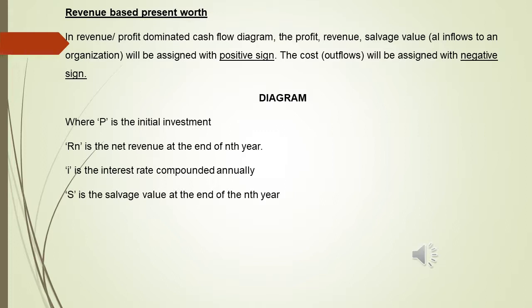The cost outflows will be assigned a negative sign. Inflows are positive, outflows are negative. So refer to this diagram from the textbook. Here P is the initial investment, and RN is the net revenue at the end of nth year. I is your interest rate compounded annually, and S is your salvage value at the end of nth year. Please refer to the diagram.